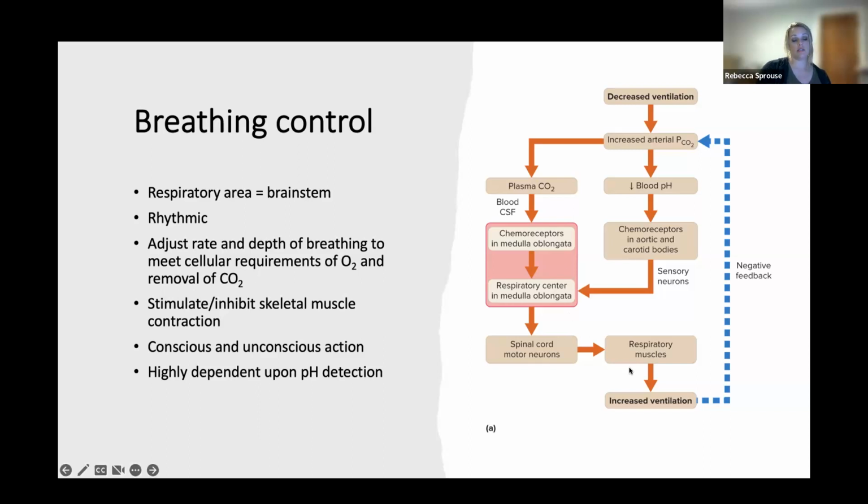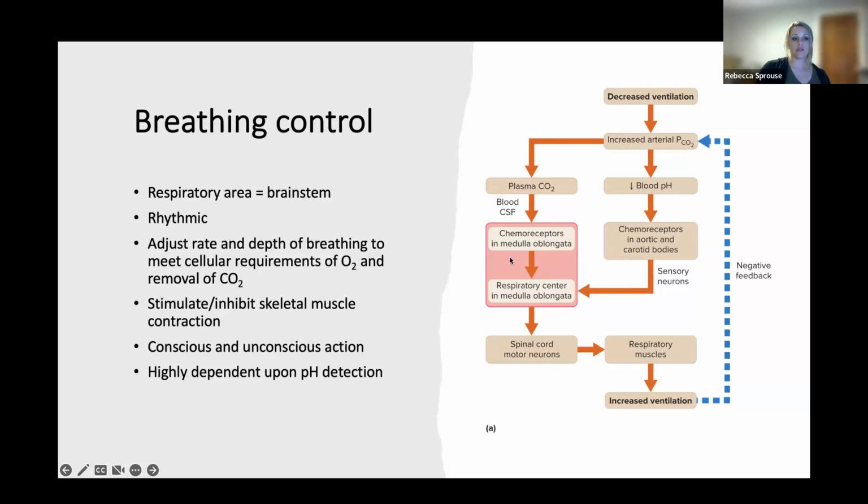Here's a good schematic from your book. This shows negative feedback. So if you have decreased ventilation, so let's just say you're holding your breath, what happens is you're holding on to more CO2, more carbon dioxide. That's going to lower your blood pH and increase the amount of carbon dioxide in your blood, obviously, right? And you're going to have a lot of neurons all over your body detecting that pH change.